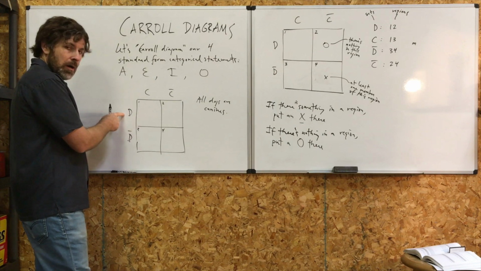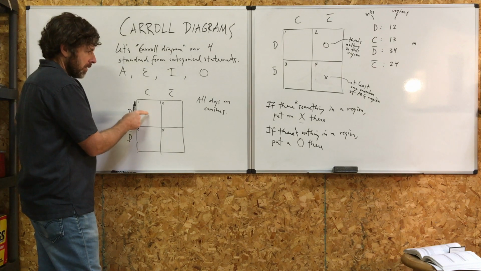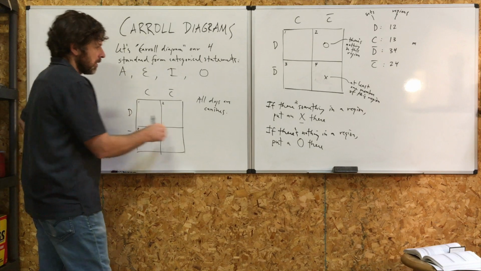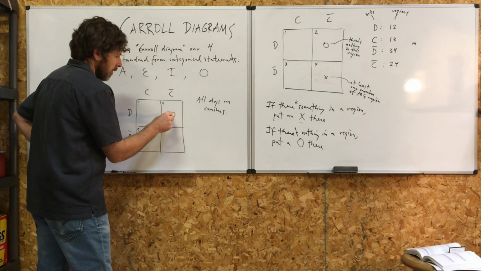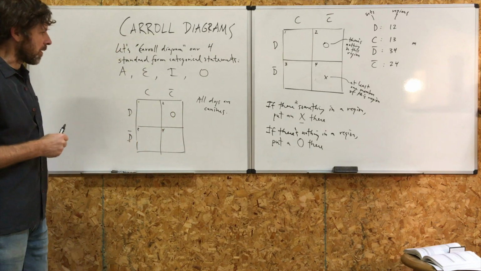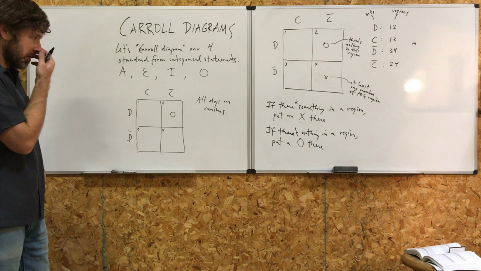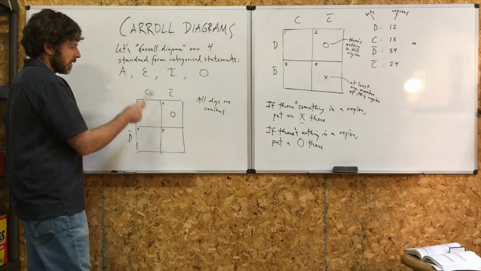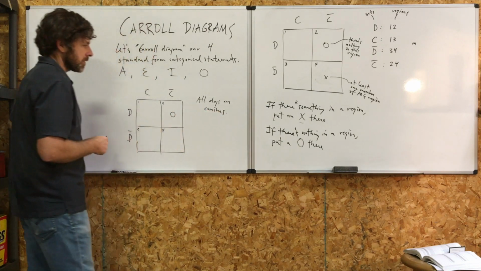Every time you have a dog, it will be a canine. In other words, you're never going to find a dog that is not a canine. So you put a 0 right there. This is how to diagram, using Carroll diagrams, the statement all dogs are canines.